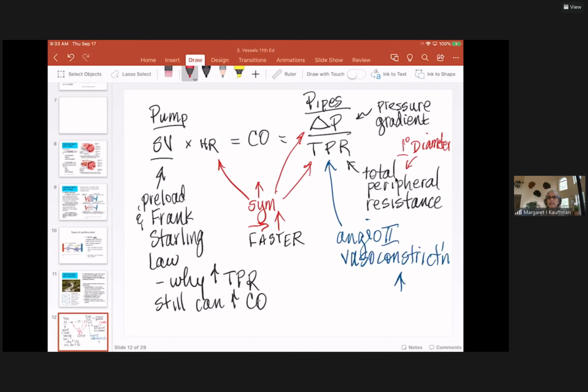So the only way that that's going to result in there being an increase in cardiac output using this formula is if you can more substantially increase this pressure gradient. So delta P, that's a delta up here, the difference in pressure is the pressure gradient.